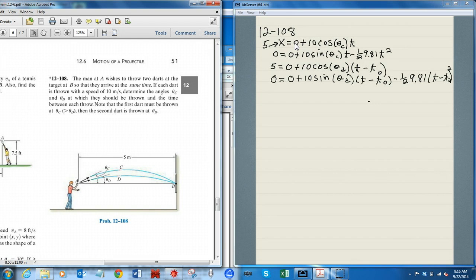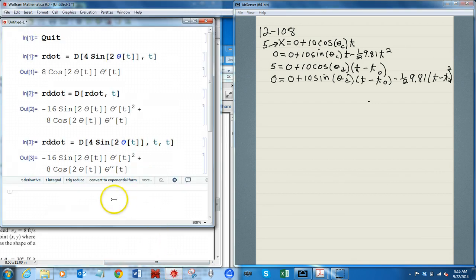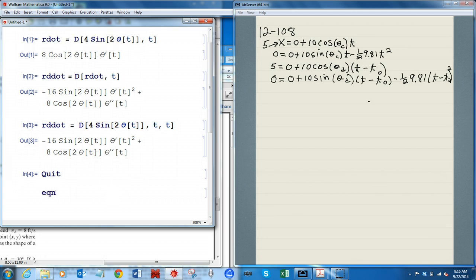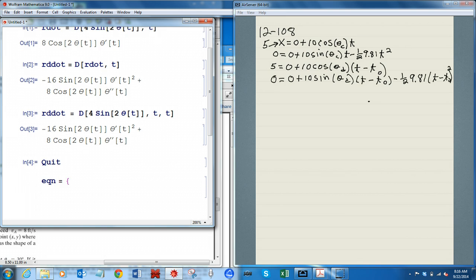Here's what I do in my old age. Go to Mathematica. I say quit, because I want to forget everything I've done so far. And then I'm going to type in equations, bracket. Okay, the first is 5 equals 10 cosine of THC, theta C, times time.